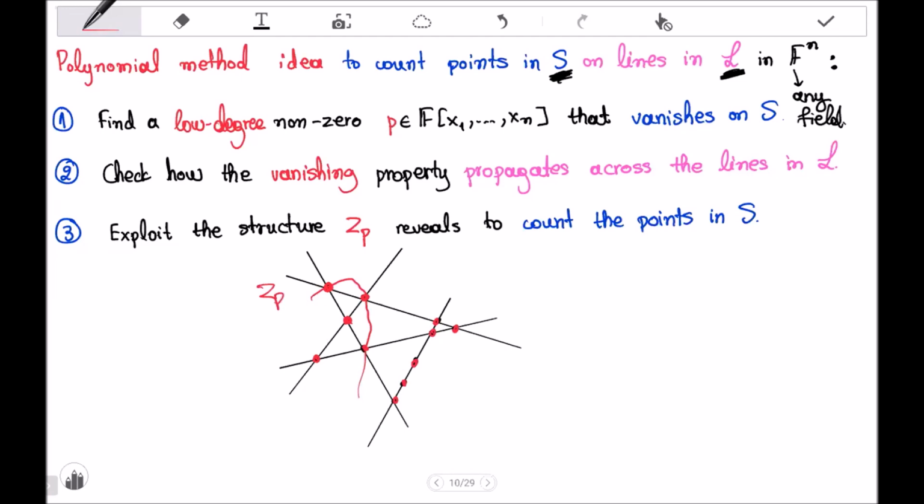Now in step 2 we want to check how this vanishing property, how this redness, propagates across the lines in our family. Because polynomials have this property that they infect lines. If something happens for a polynomial a lot across a line, then it happens throughout the whole line. That's a general kind of rule or moral.